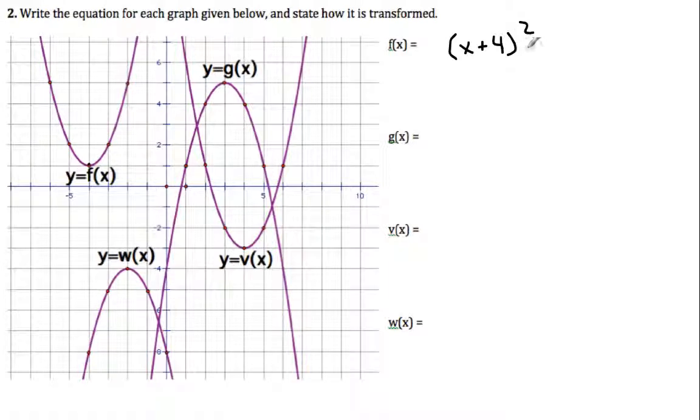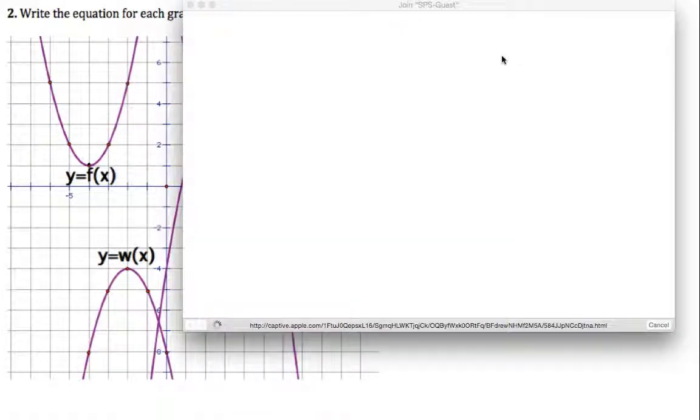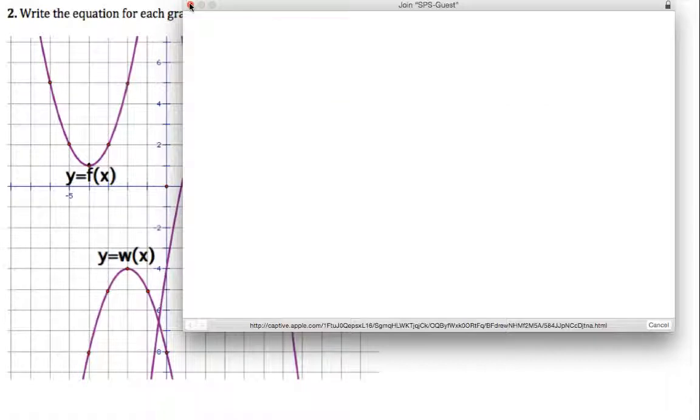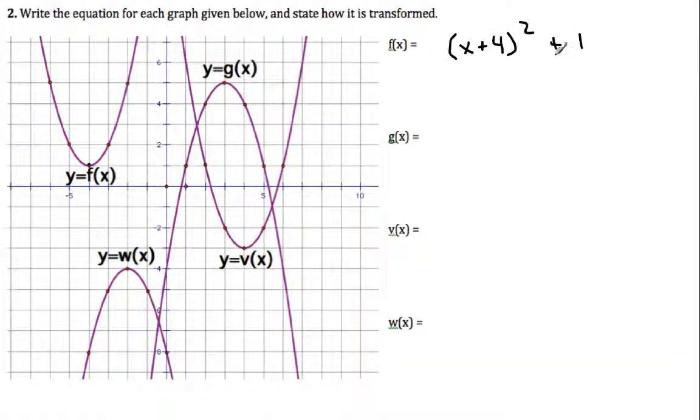And then it's up 1. Okay, and then notice it's opening up. So this stays positive, right? So that's it. And so all we would say is it goes left 4, up 1.